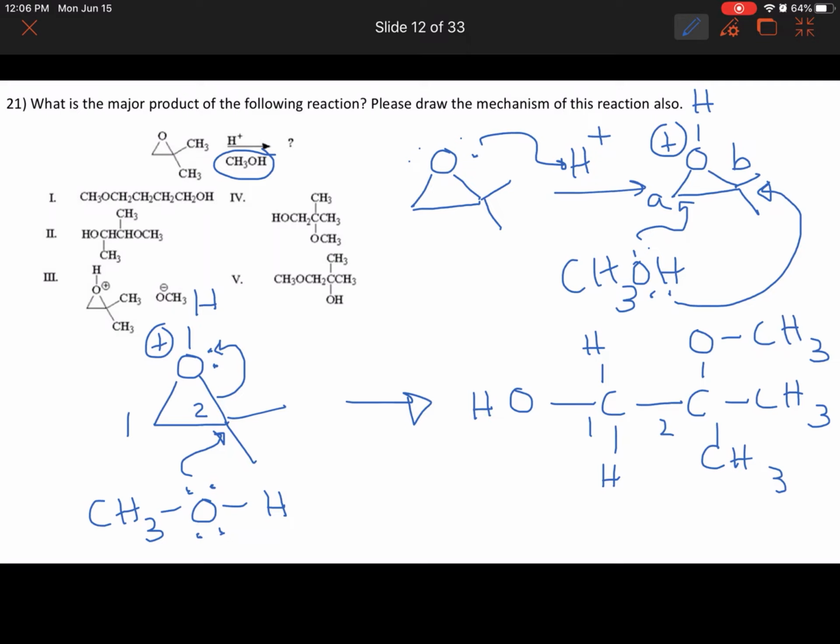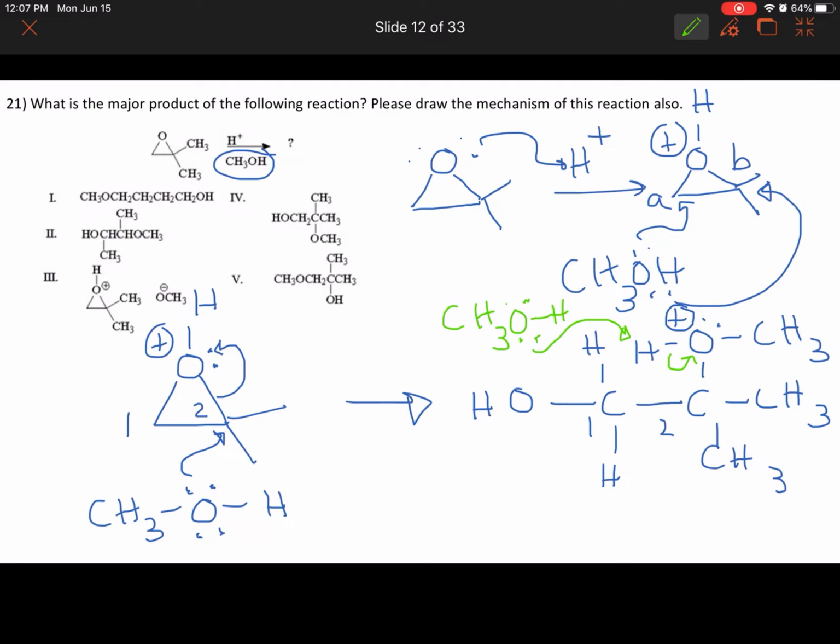Okay, so you will see carbon number 1 has the OH in it and also the two hydrogens on that carbon. And then the carbon number 2 has its original 2 methyl groups, and then the methanol group, the incoming group. Now it will still be protonated with the hydrogen on the oxygen, and another methanol molecule will come and grab that excess hydrogen from the oxygen, giving you the final product.